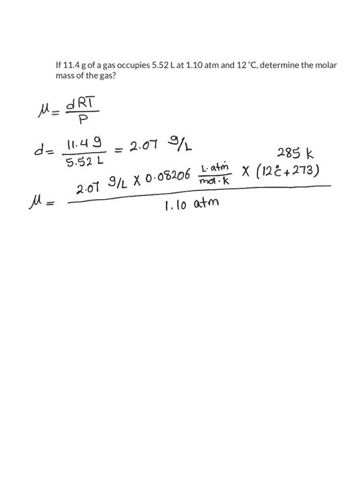So atmosphere will cancel out with atmosphere, liter with liter, Kelvin with Kelvin, and what remains is gram per mole, which is the unit for molar mass. Doing the calculation, the molar mass would be 44.0 gram per mole.